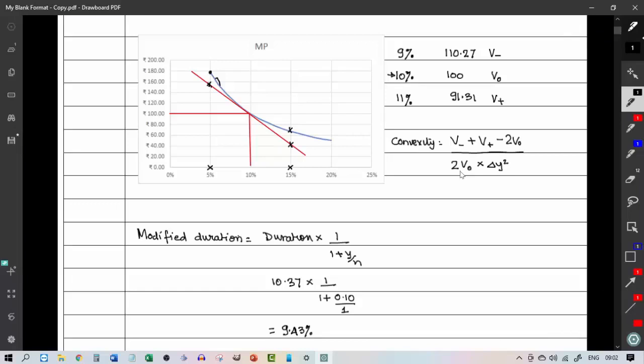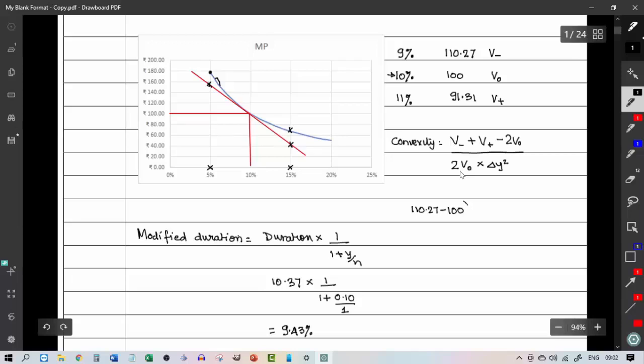See, we are measuring the change in price from a mean. Now we know in this case that the mean is 100, right? So that means the first change, which occurs when the yield goes down from 10% to 9%, is from 100 to 110.27. So we can say the first change is 110.27 minus 100.